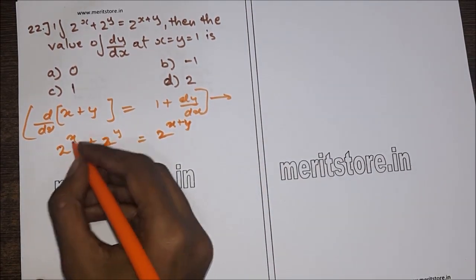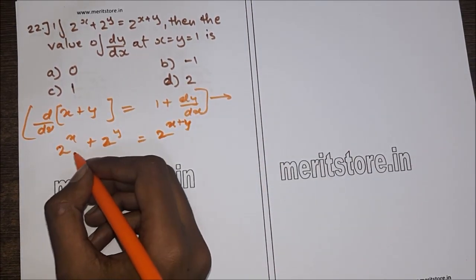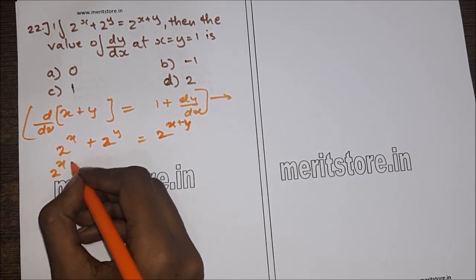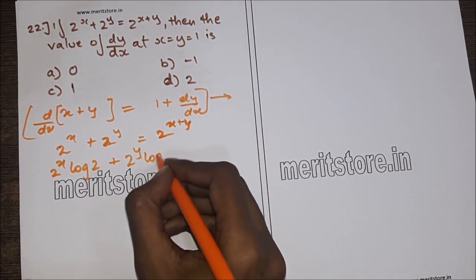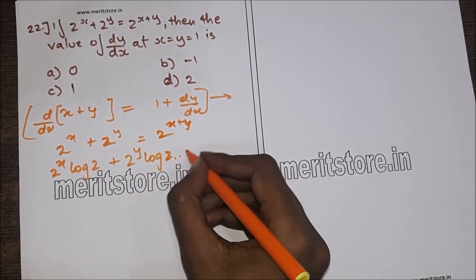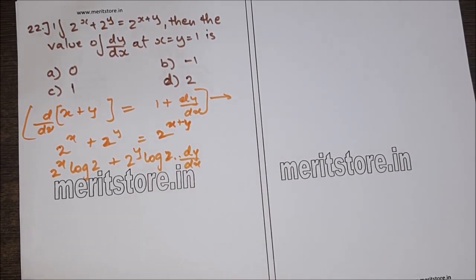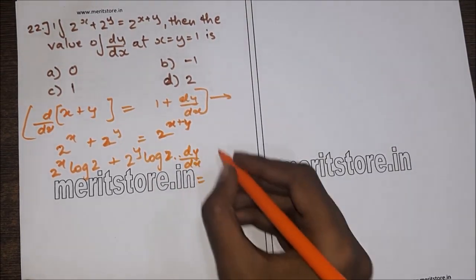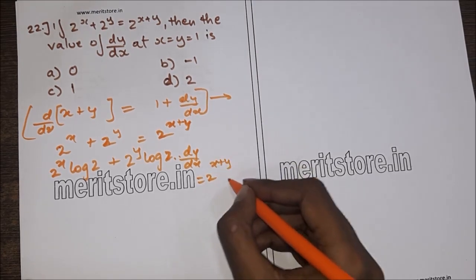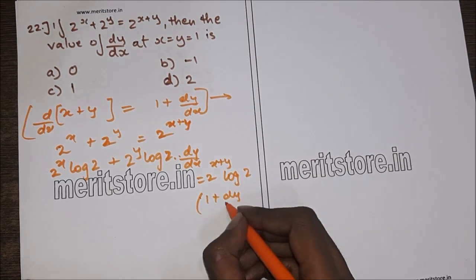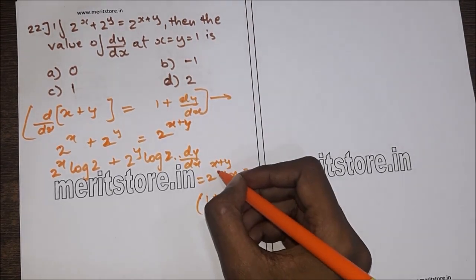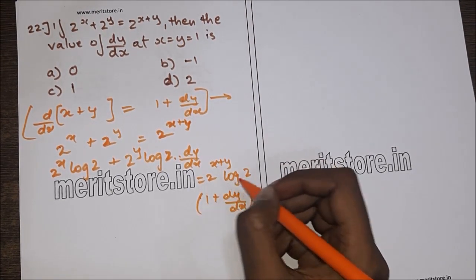So this is in the form of a raised to x, so it is 2 raised to x log 2. Similarly, this is 2 raised to y log 2 but multiplied by dy by dx. Similarly, this is 2 raised to x plus y log of 2 into 1 plus dy by dx, since we have to find the derivative of x plus y with respect to x.